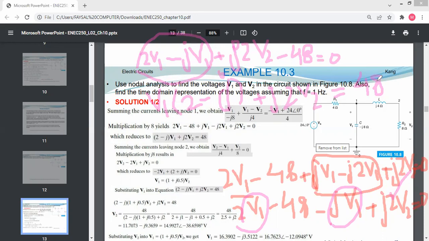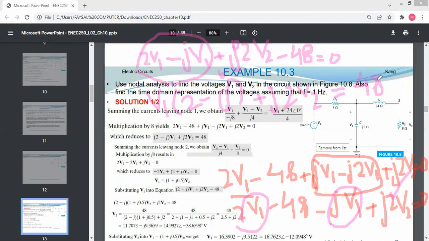Again, for this equation, first I compare v1 with the value, that is v1 into negative of j8. Then I will plus the difference, that is v1 minus v2 with respect to j4, which will be equal to negative of v1 plus the value of vs, which is 24 angle 0 divided by 4.